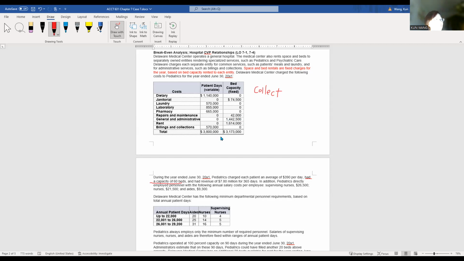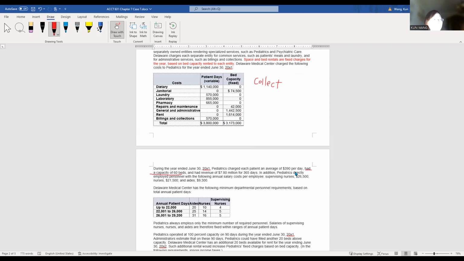So this information we have here is variable and fixed. Think about it, you probably already think, how can I construct a contribution margin income statement? Based on this, but we need the sales revenue for the whole income analysis.